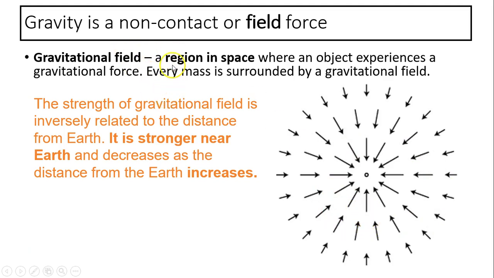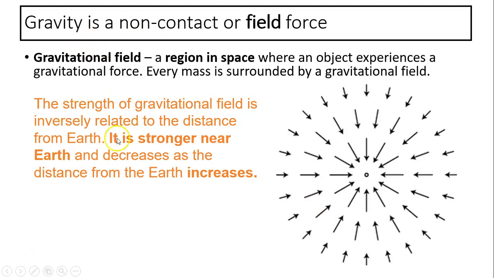So, the gravitational field concept. A gravitational field is a region in space where an object experiences gravitational force. Every mass is surrounded by a gravitational field. There is a gravitational field around you, around me, and around your computer. The interaction between the fields results in gravity.